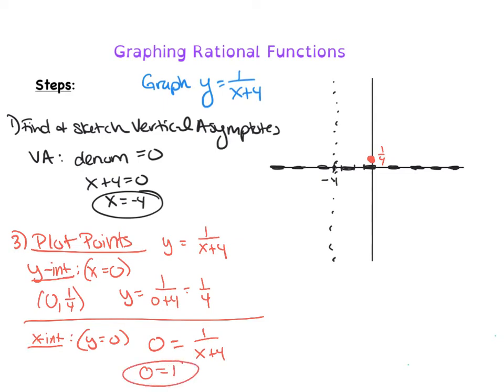Well, 0 doesn't equal 1. That's not possible. So that tells us something very, very powerful. That tells us that there is no x-intercept. That tells us that it never touches the x-axis. So our graph does not touch the x-axis.